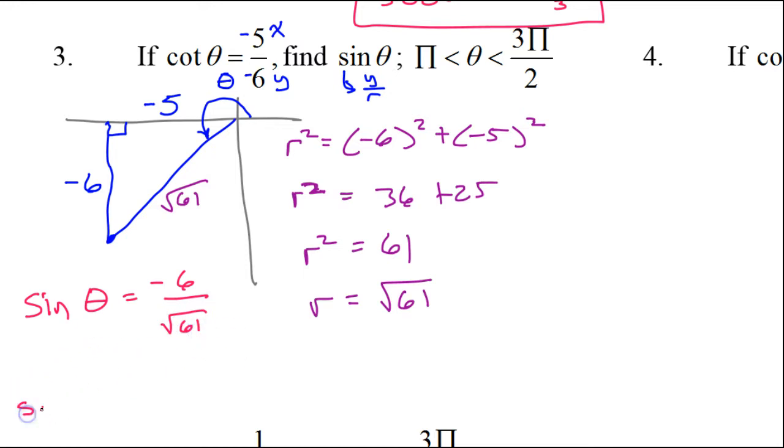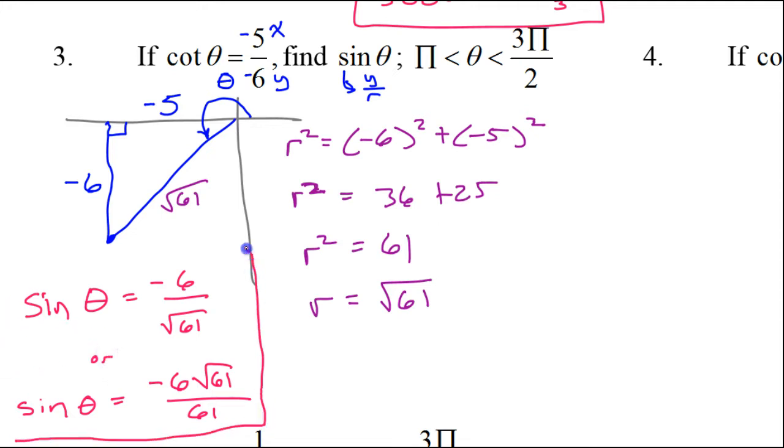Now, if you really wanted to, you could rationalize the denominator by multiplying radical 61 in the numerator and the denominator. So that will give you -6 radical 61 over 61. Okay, I will accept either. So that's number 3.